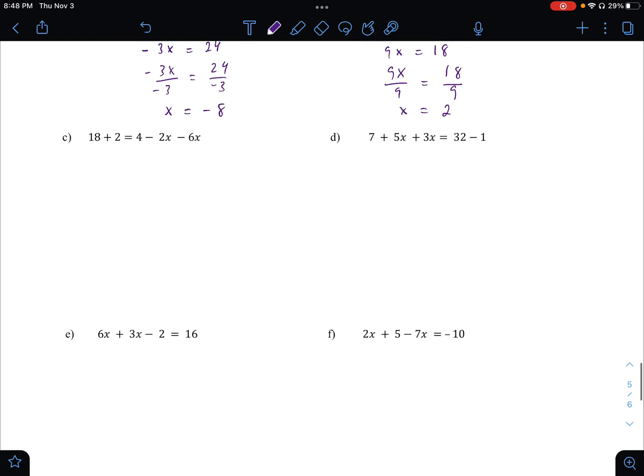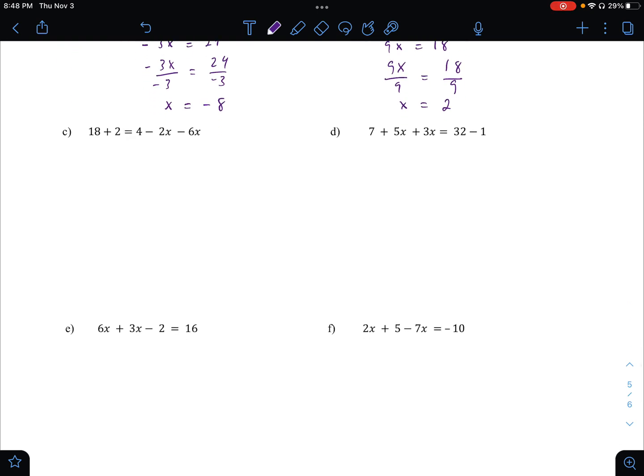All right, for part C now. So 18 and 2 we can add together to get 20. And then 4 minus 2x minus 6x. So negative 2x minus 6x is negative 8x. The number becomes more negative.